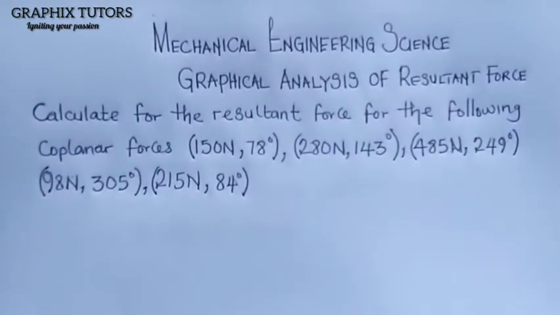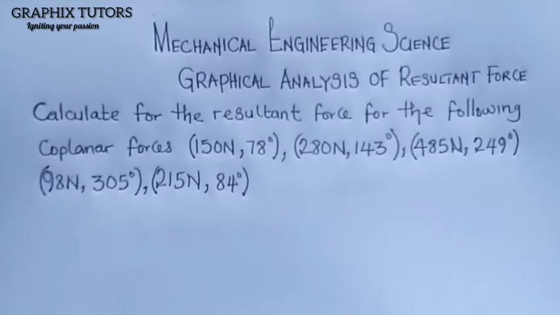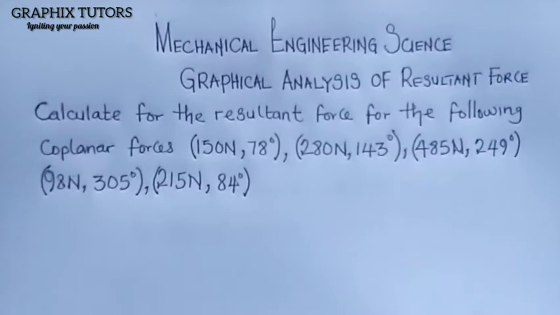Today we want to study an aspect of mechanical engineering science, which is the graphical analysis of resultant force. We can always analyze resultant force using the analytic method, or we can use the graphical method. But today we want to use the graphical way to analyze this question.